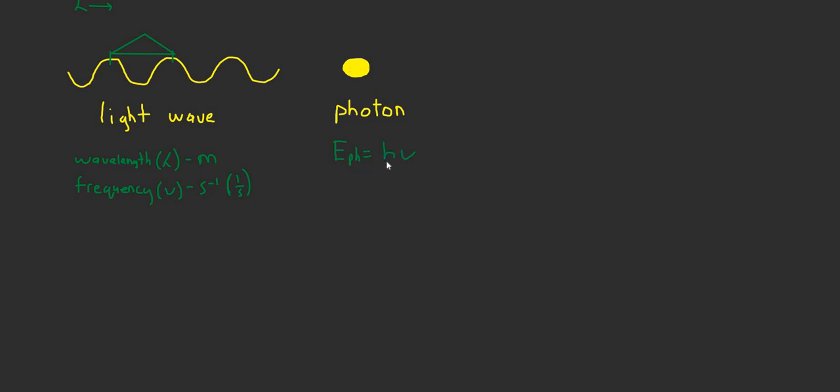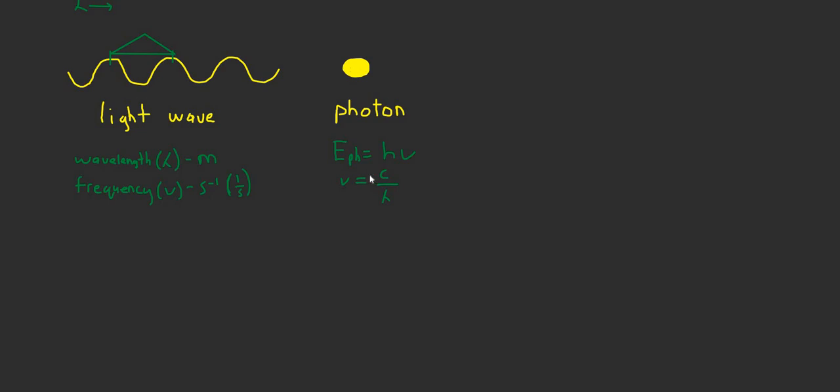So this can also be represented another way, because we can write frequency as the speed of light over the wavelength. Just like that. So frequency is equal to the speed of light c over the wavelength lambda.